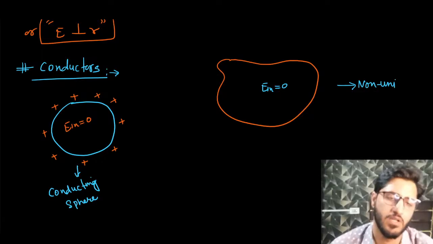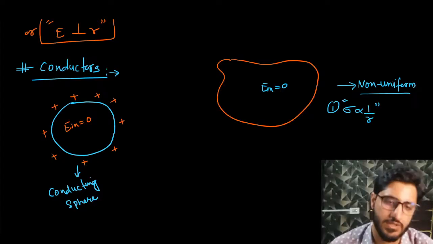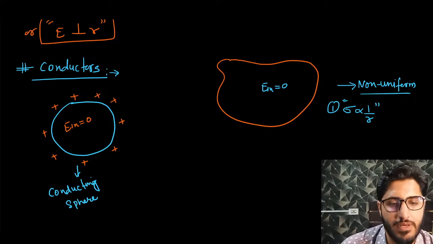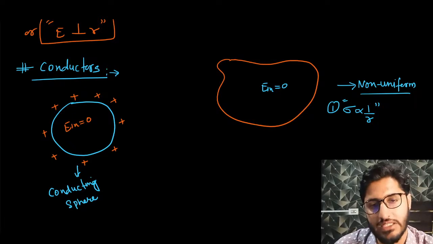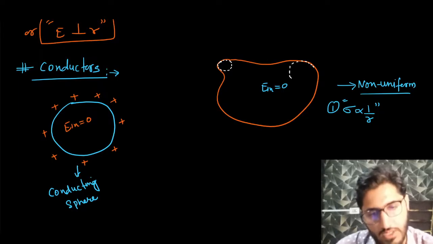One thing you need to remember is that charge density is inversely proportional to the radius of curvature. What does it mean? Look, if we take this point, make a circle out of it; this point, make a circle out of it.